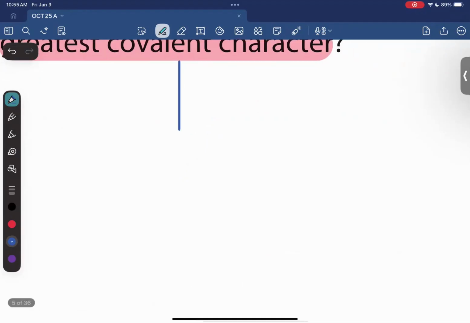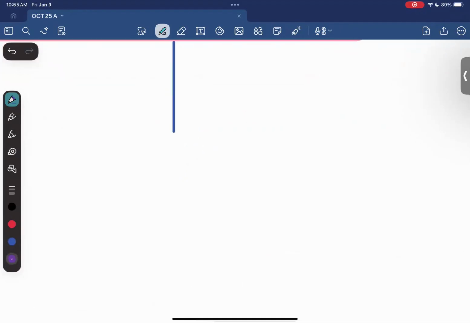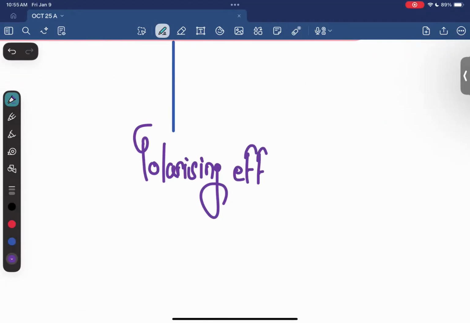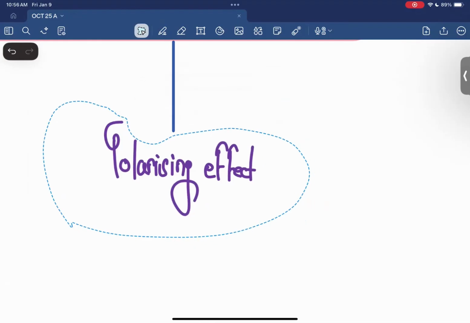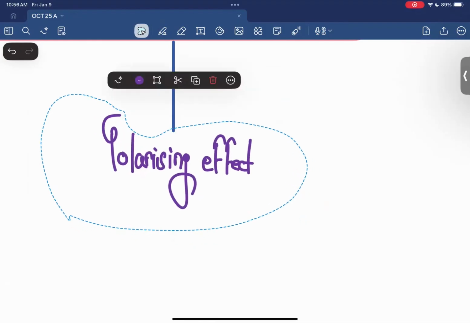First is that there has to be a greater amount of polarization taking place, right? And the polarization effect depends on two things.